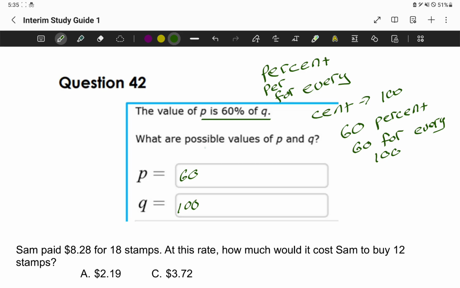Now, we can also say, well, if I divide 60 by 10, I get 6. If I divide 100 by 10, I get 10. And so that's an answer. Well, 6 divided by 2 is 3. 10 divided by 2 is 5. And so that works. Well, from here, I can say 3 times 3 is 9. 3 times 5 is 15.